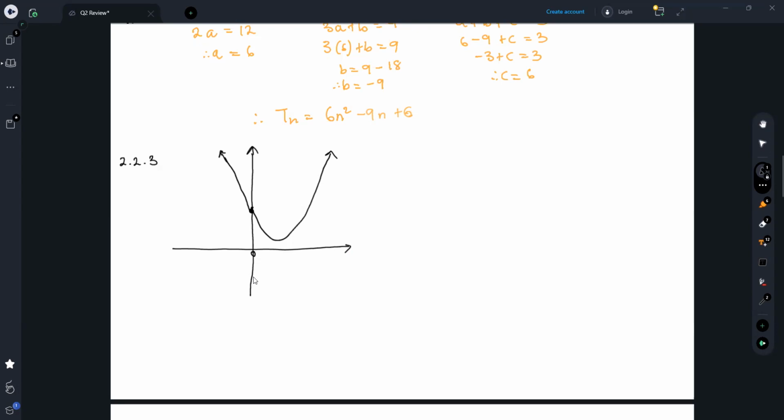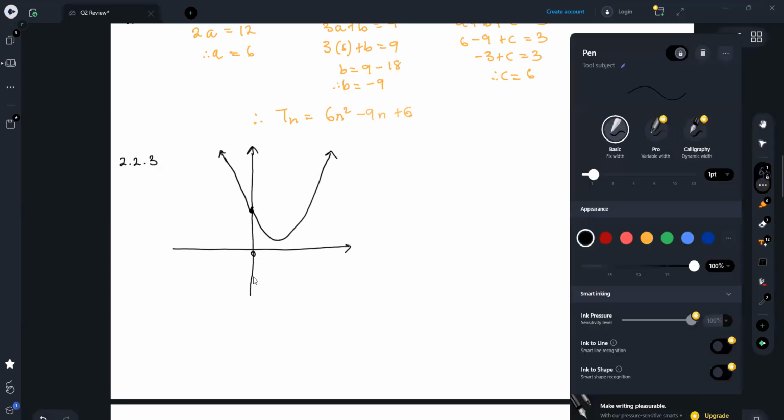Okay. So now what I want to think of is derivatives, right? Because if I can get the gradient of the function at any point along the function, then I could use words such as increasing, decreasing, or remains the same.